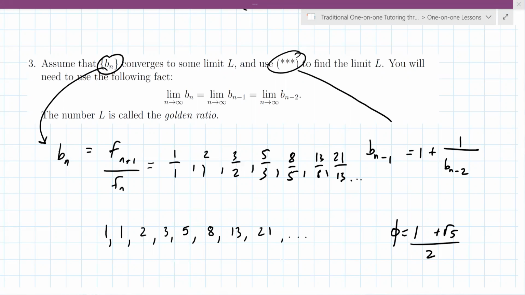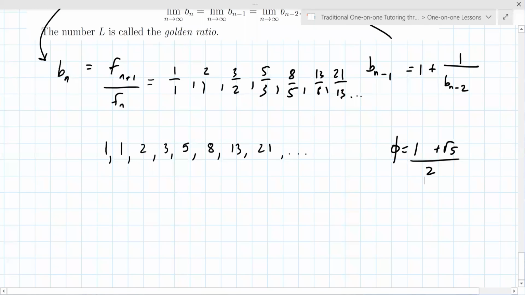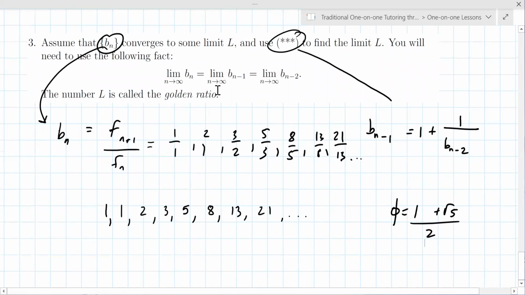Is it not as simple as just taking the limit of Bn minus 1? So it says that, but I don't know how to find the limit of this thing.